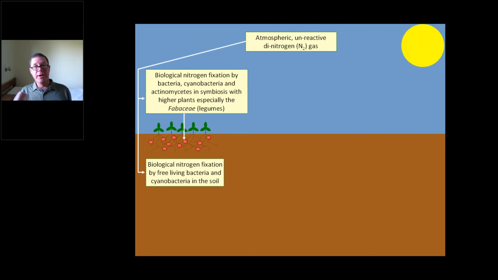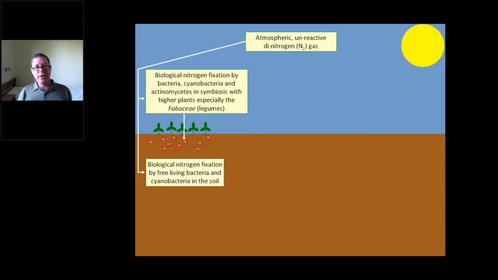It's chemically completely unreactive and of no use to life whatsoever. To be useful for life, it has to be converted into reactive forms, and this is done biologically by a few handfuls of bacteria and similar organisms that can fix atmospheric nitrogen into biological forms.